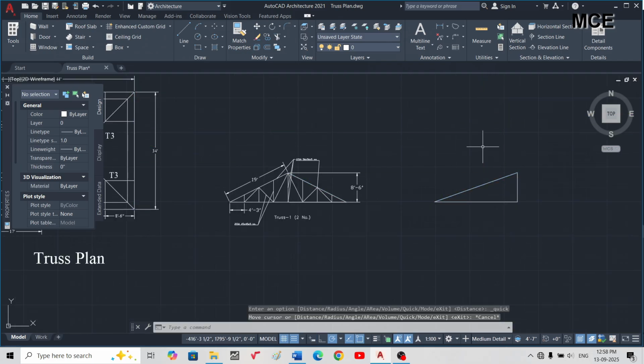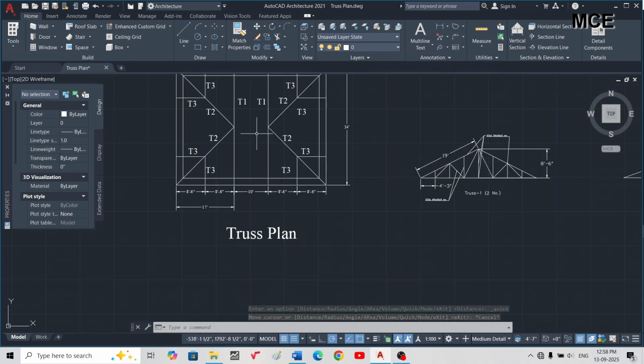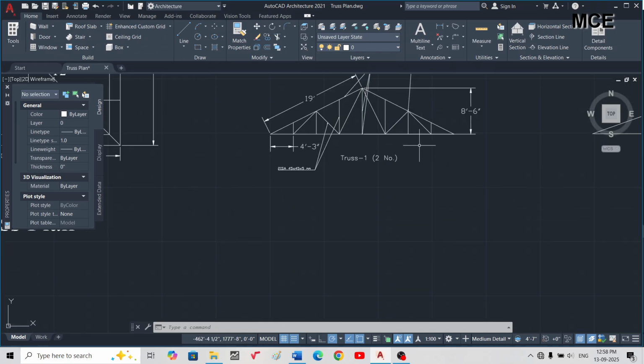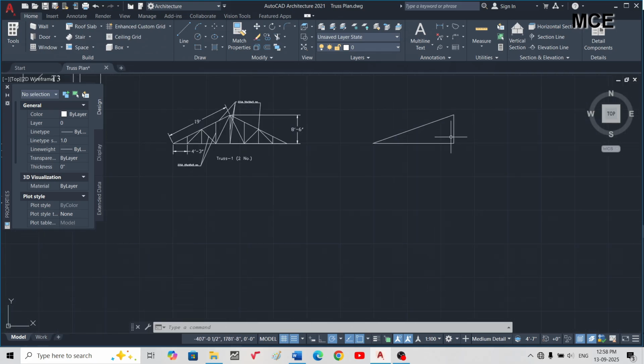I have made this truss four sided. Slope is on all four sides, so that's why T1 will be in the shape of this full triangle, and T2 will be in the shape of a right angle triangle.